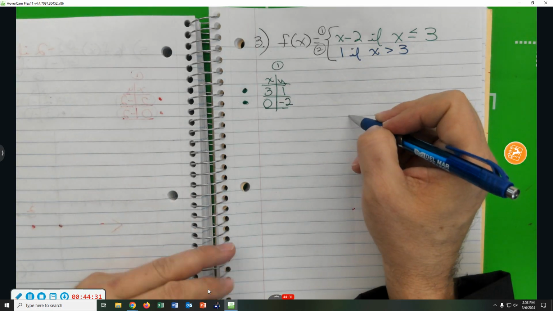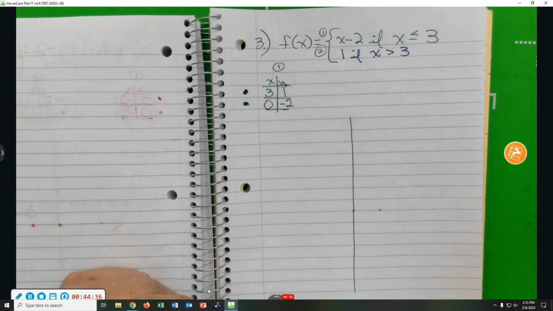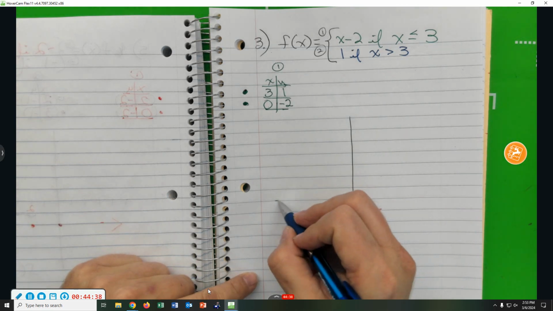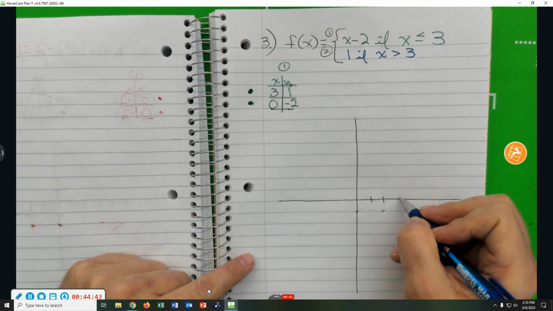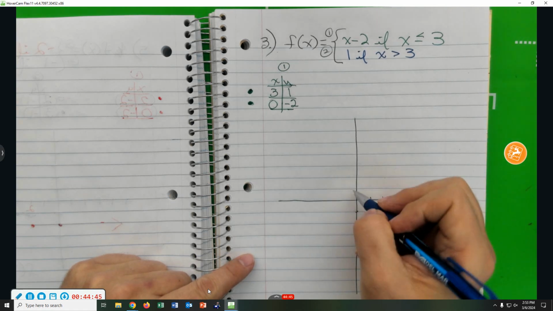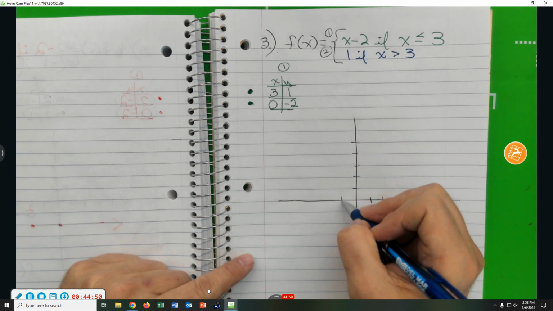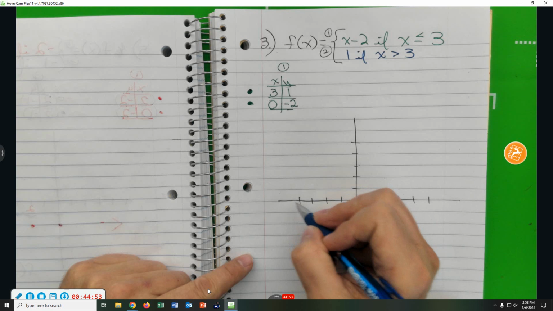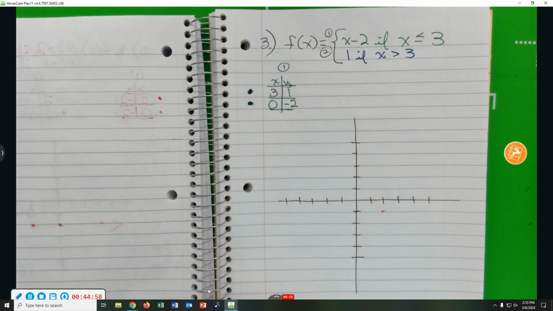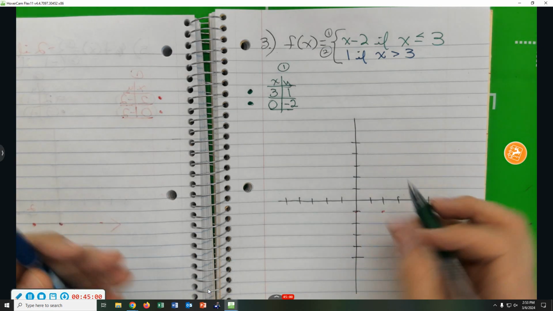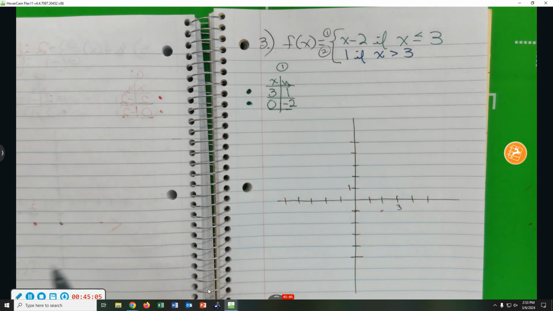Here's my XY grid that I'm drawing. Okay, so we go to 3, 1, right 3, up 1.